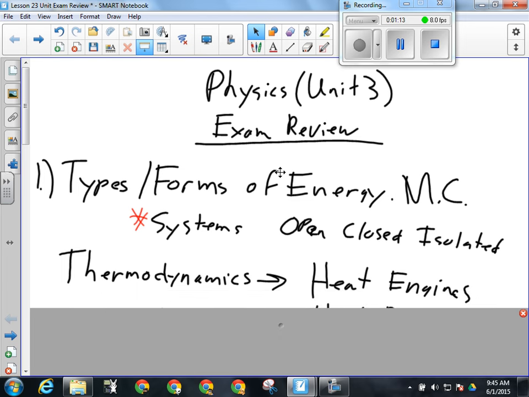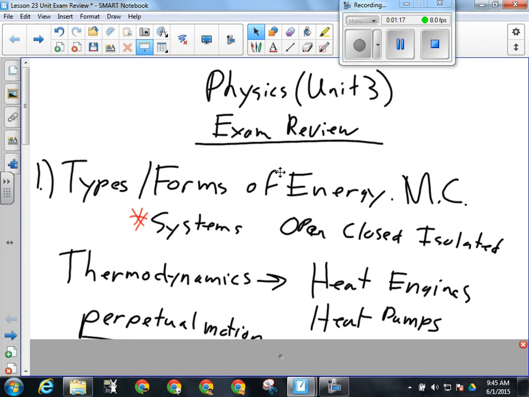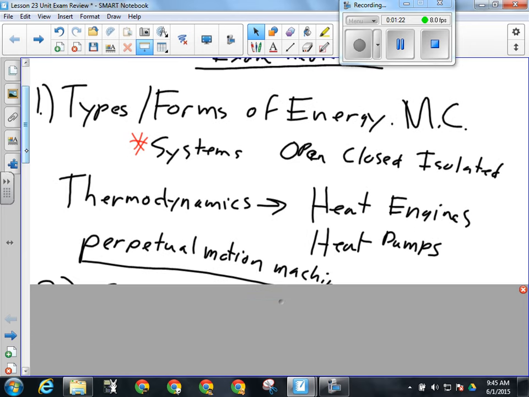You need to know about thermodynamics, heat engines, and heat pumps, and a little bit about maybe why perpetual motion machines can't exist in terms of the laws of thermodynamics.